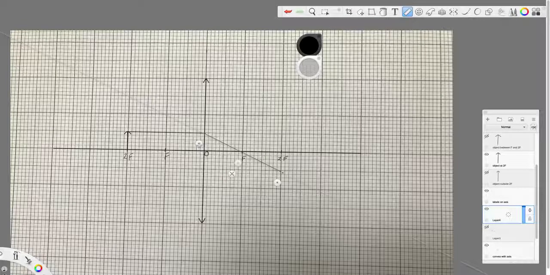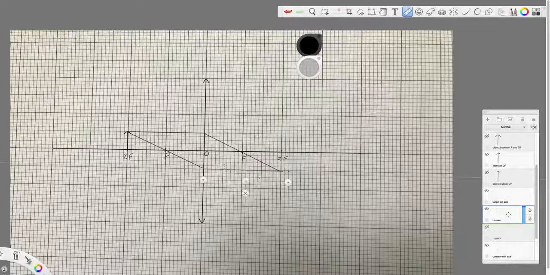We have a ray which comes into the optical center. Now, I could choose to take one through the principal focus as well. Why don't we do that? There's a ray which comes in through the principal focus, which then comes out parallel to the principal axis.